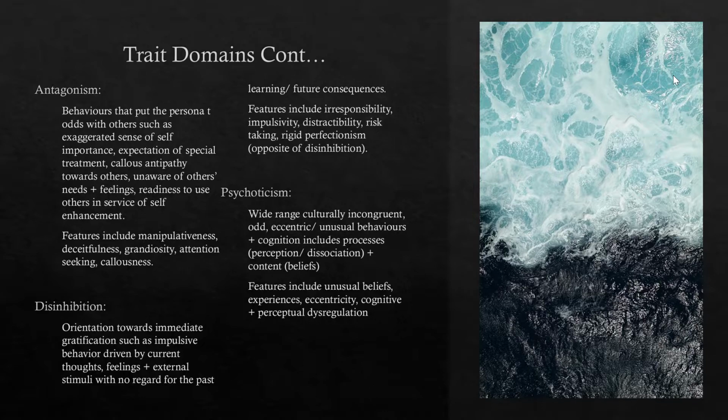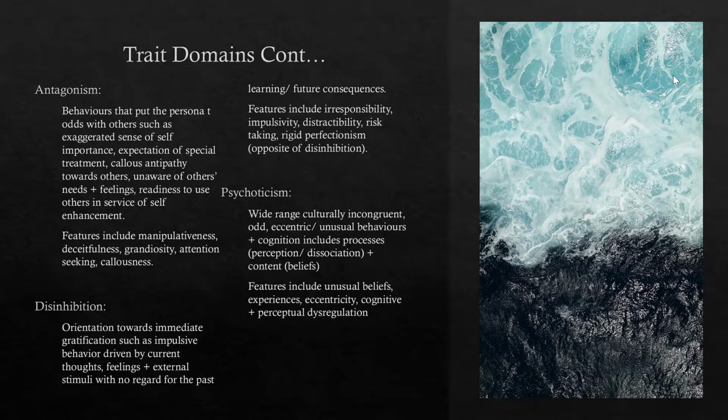Antagonism refers to behaviors that put the person at odds with others, such as an exaggerated sense of self-importance, expectations of special treatment, carelessness, being unaware of other people's needs and feelings, and a readiness to use others in service of self-enhancement.